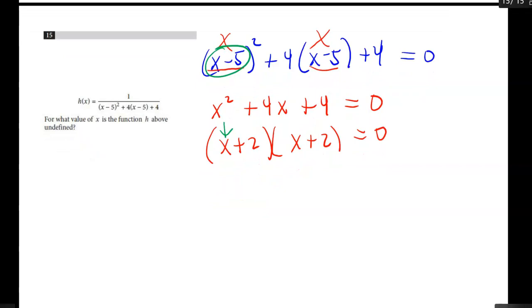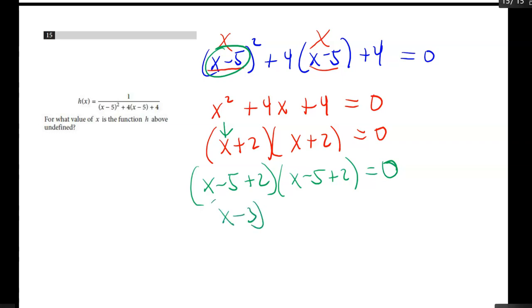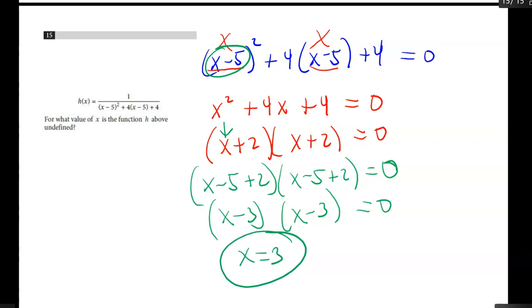So I'm going to have x minus 5 plus 2. And then x minus 5 plus 2 equals 0. And now it comes out to be x minus 3 and x minus 3. And now I'm going to get the same answer as I did before. I'm going to just get x equals positive 3. Just a little bit quicker.